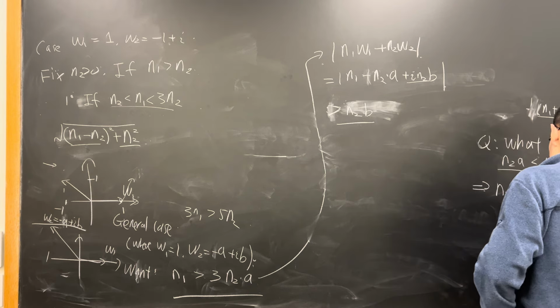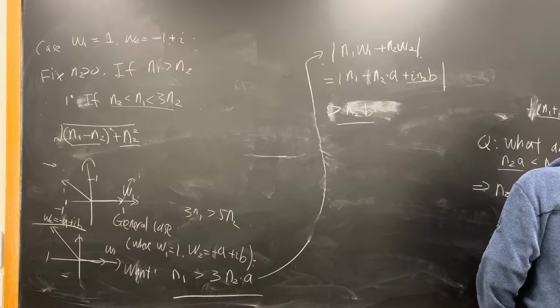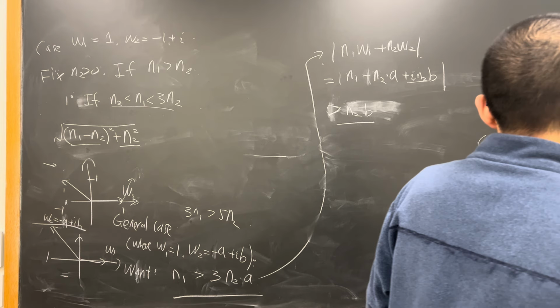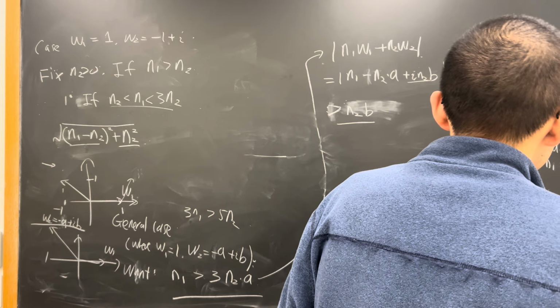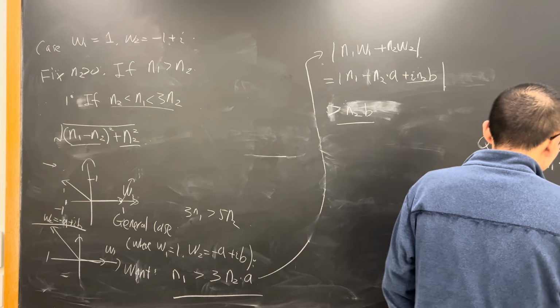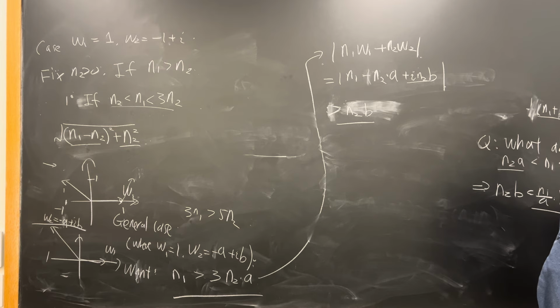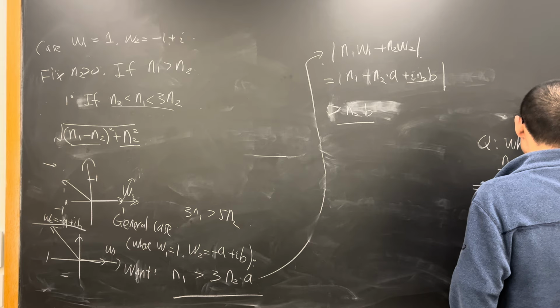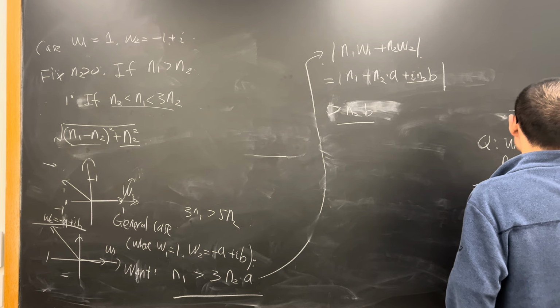I know that this n1 over a times b must be smaller than this guy, right? So let's just multiply by a over b to see what happens.